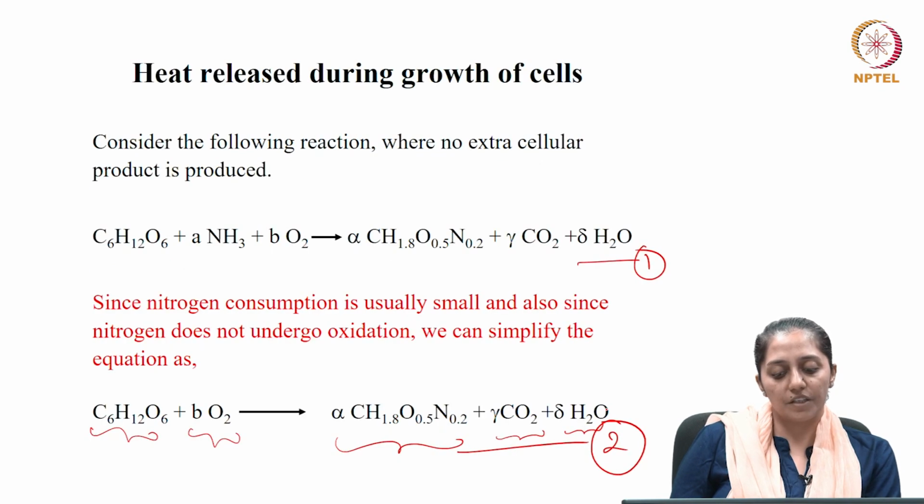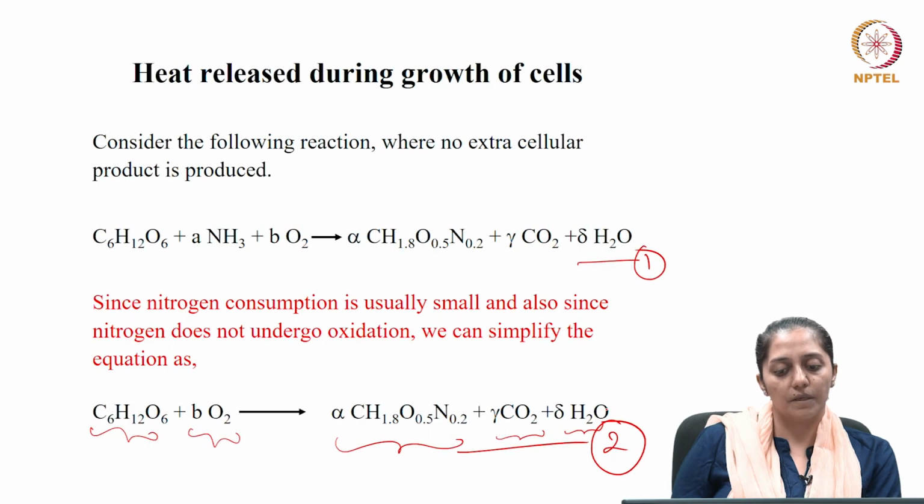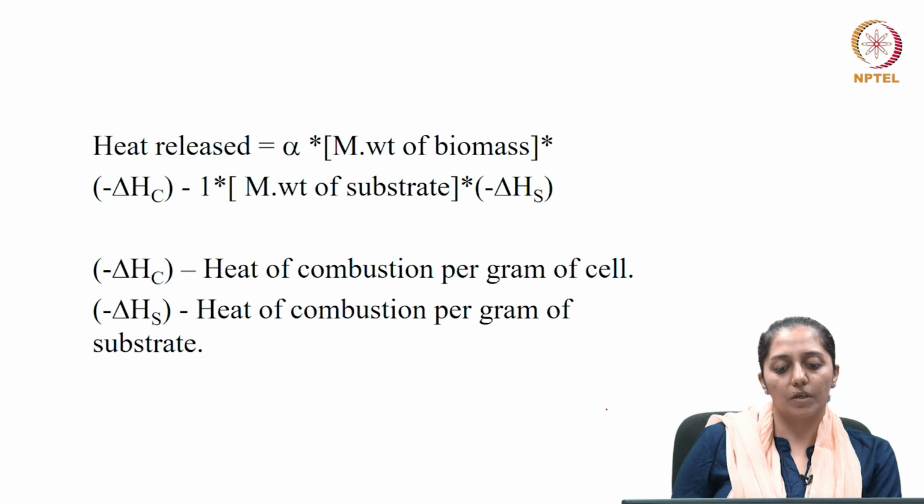So, in equation 2, the total amount of heat which will be consumed during the oxidation of the substrate, we will give as the heat of combustion multiplied by the total amount of substrate consumed in the reaction. Because there is 1 mole of substrate consumed, we multiply it by the molecular weight of the substrate.